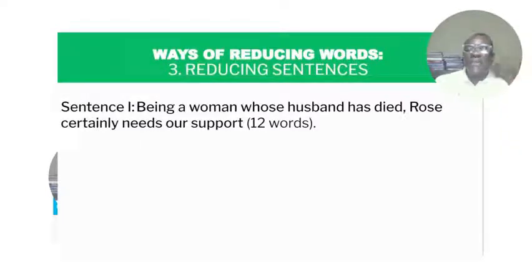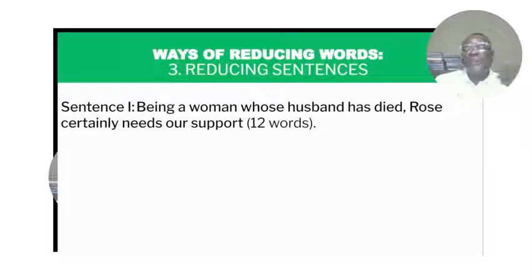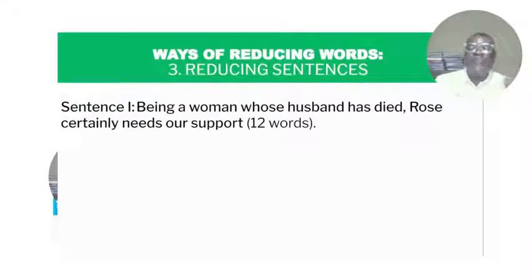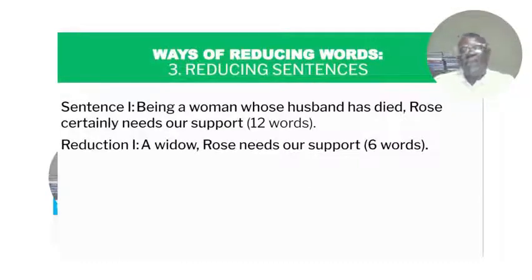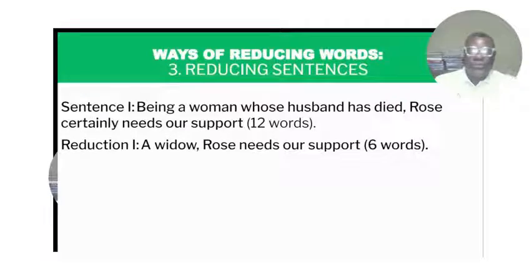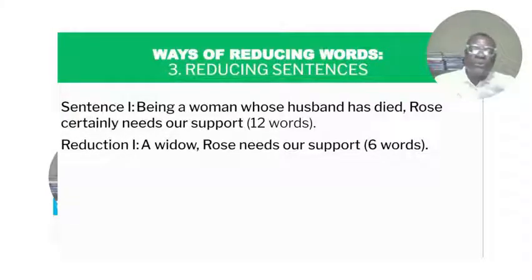There is a single word that we can use to name a woman whose husband has died, and that is a widow. So we replace a woman whose husband has died with a single word, widow, and that helps us to reduce the entire sentence drastically. And what do we have? A widow, Rose needs our support.